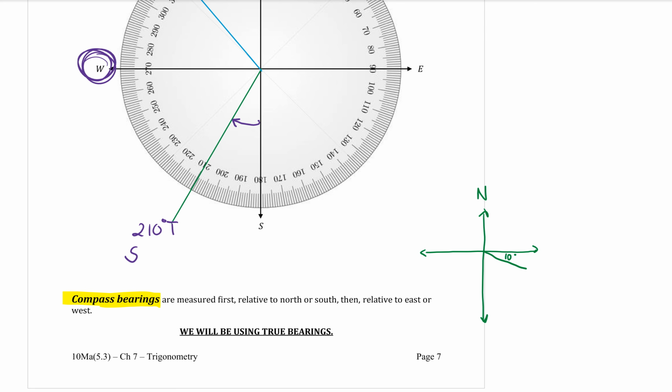Okay, so don't say 210 degrees. That's the whole angle from the north up there, remember? So that is just 10, 20, 30 degrees, that little angle in there. So it's south, 30 degrees towards the west side.